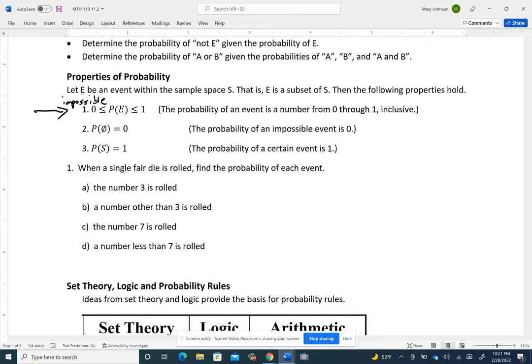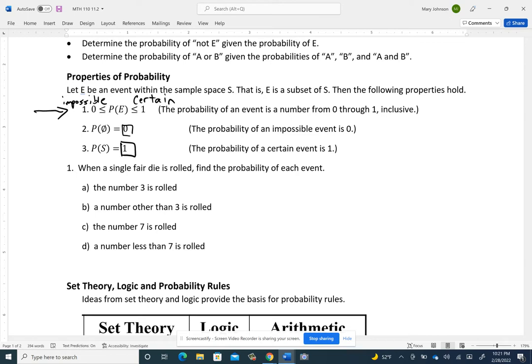Well, all the numbers are less than 7. So it would certainly happen. It would always happen. So this would be the probability of an event that's certain. And that's what these two rules are saying. The probability of an impossible event would be 0. If the event has to happen, no doubt, its probability is 1.